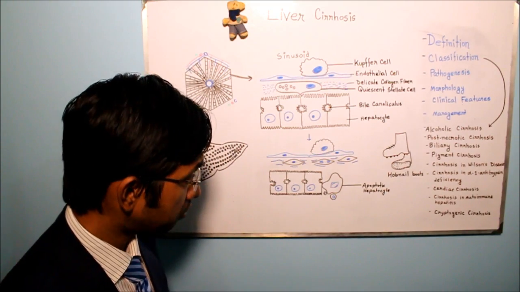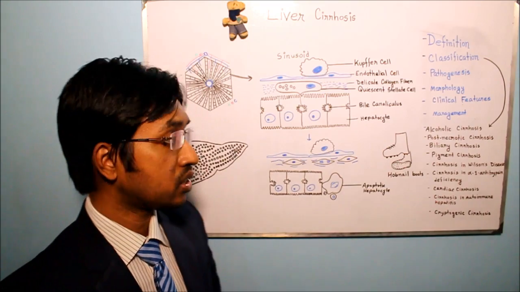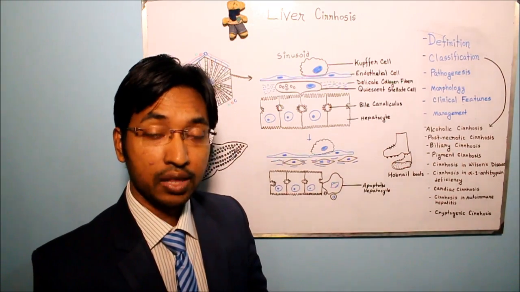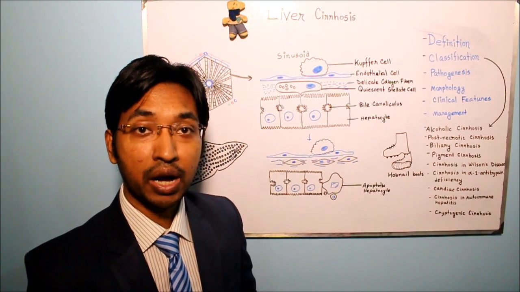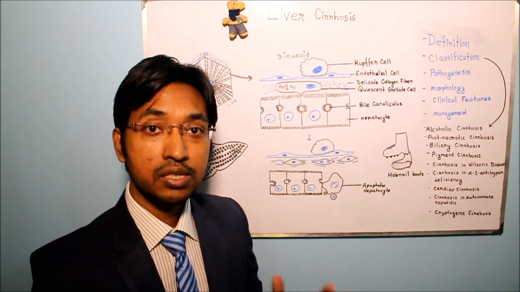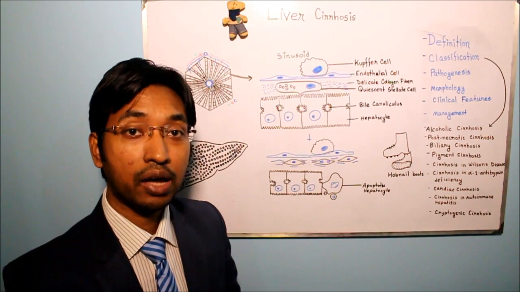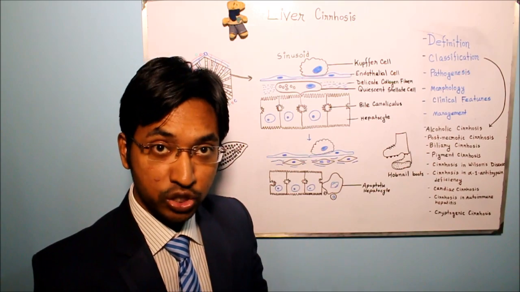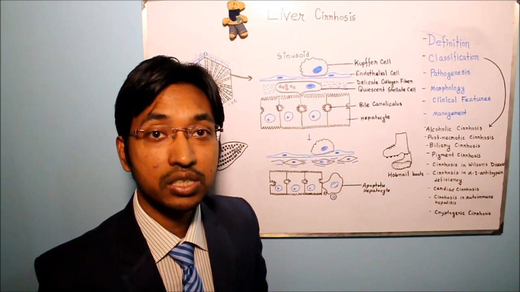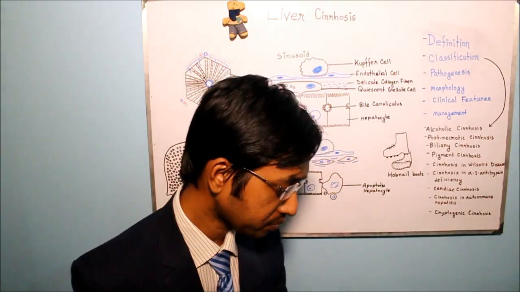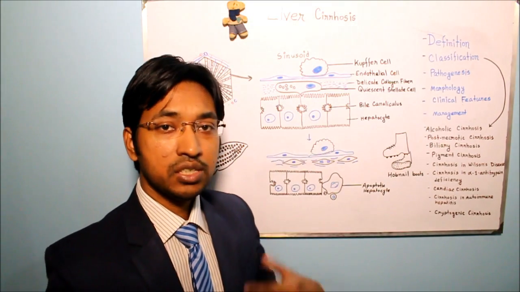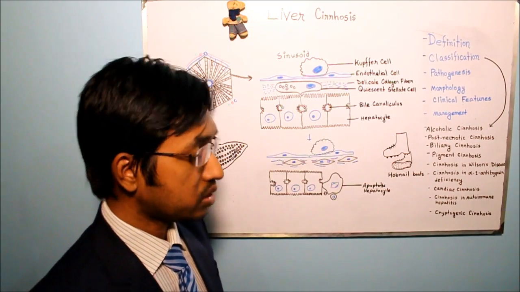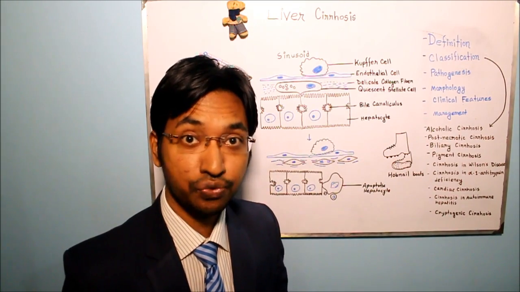So the hepatic stellate cells will be transformed into their active form, forming myofibroblasts, and these activated cells will have contractile property, and also they will be fibrogenic, and that will result in fibrosis.